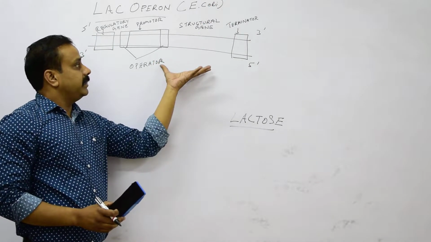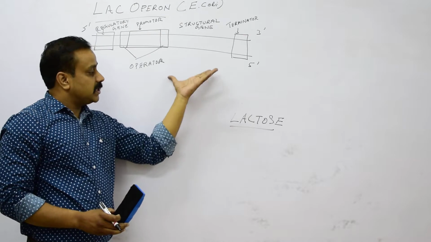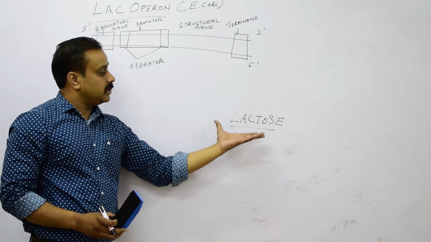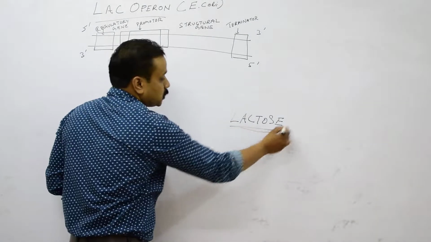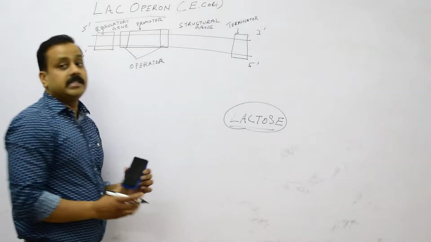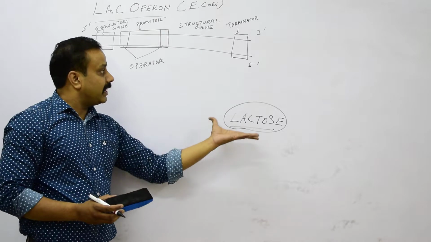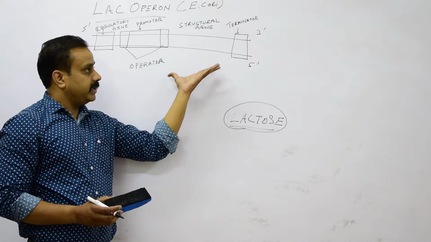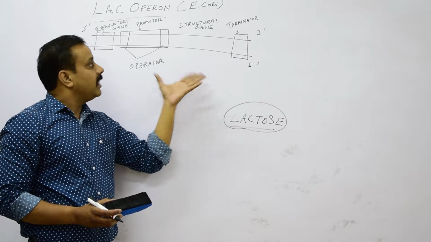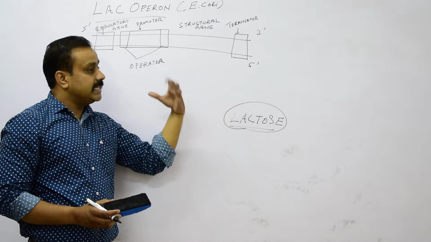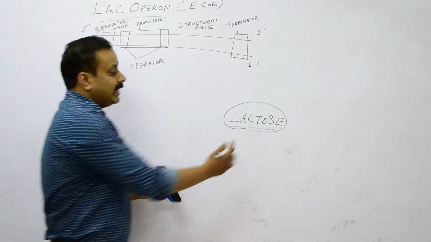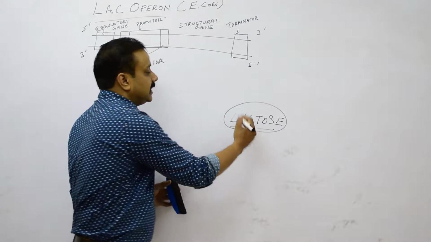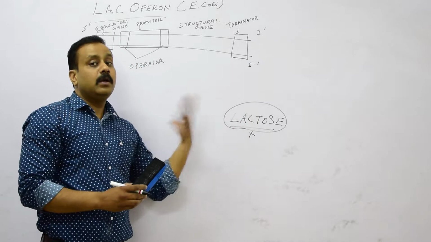In E. coli, the genes responsible for the metabolism of lactose are switched on only in the presence of lactose. When lactose is in the surroundings of E. coli, the enzymes essential for its metabolism are produced. When lactose is absent, these enzymes are not produced.